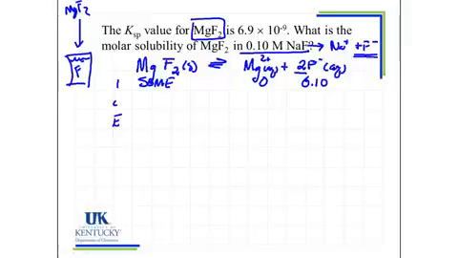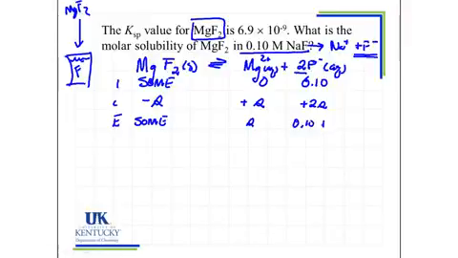So now our change line takes place. There's nothing different here. Some of the magnesium fluoride dissolves, and that's the molar solubility. For every one of those that dissolves, you make one magnesium and 2 of the fluoride. There's still a large excess, so there's some still sitting on the bottom. I'll have S here, and I'll have 0.10 plus 2S here.